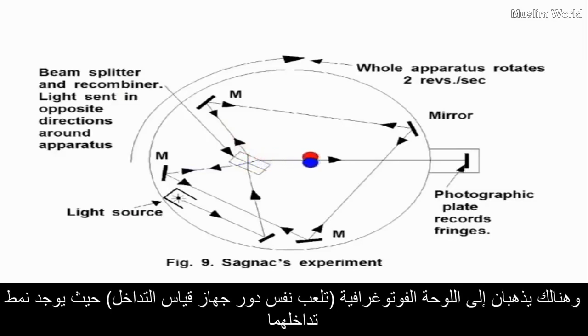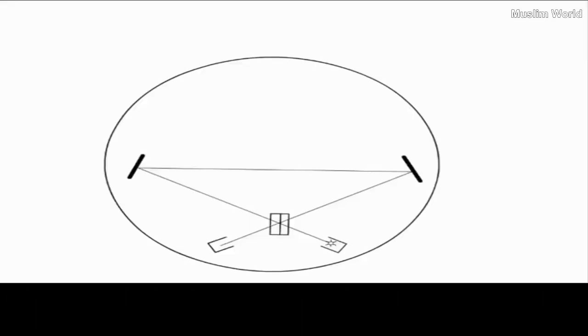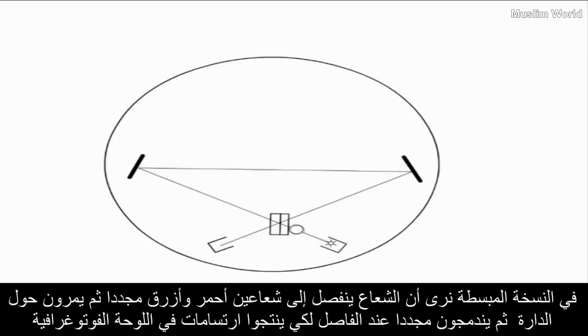There, they then go on to the photographic plate, where they have interference fringes. In this simplified version, we see that the beam is split into 2, the red and the blue again, and they go round the circuit and are recombined at the splitter and recombining prism, so that they again produce the fringes on the photographic plate.